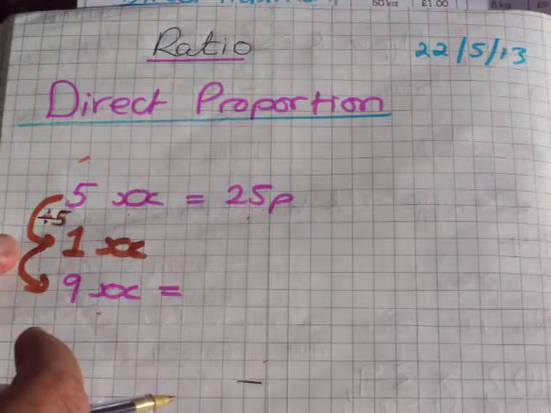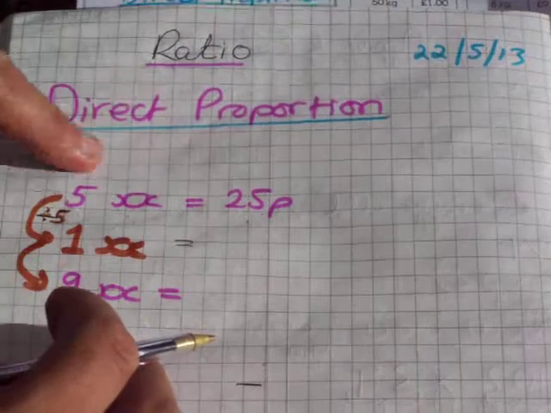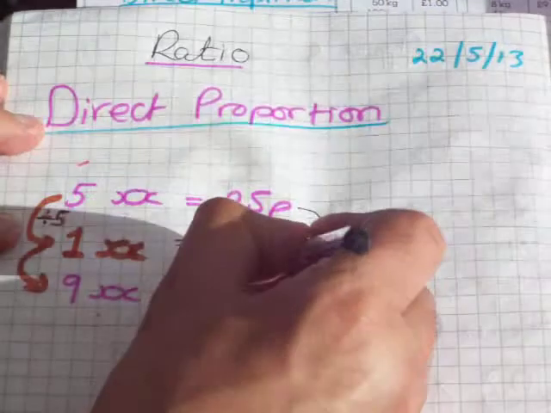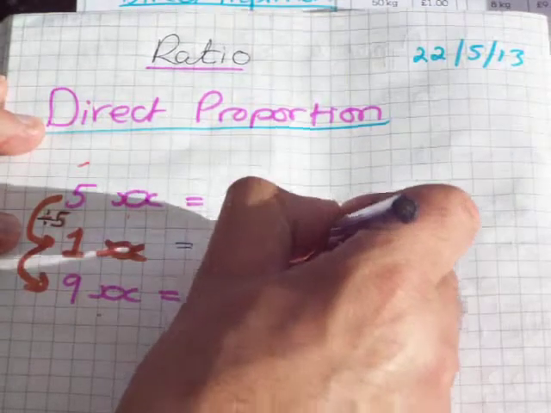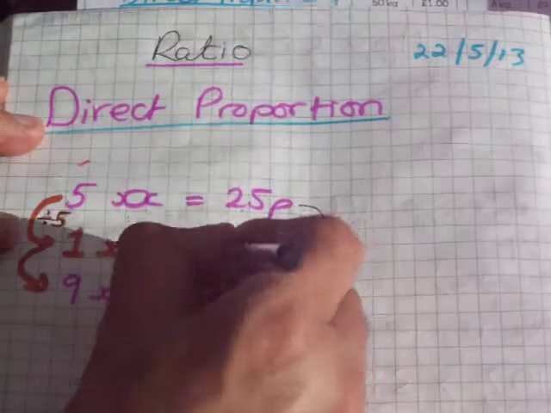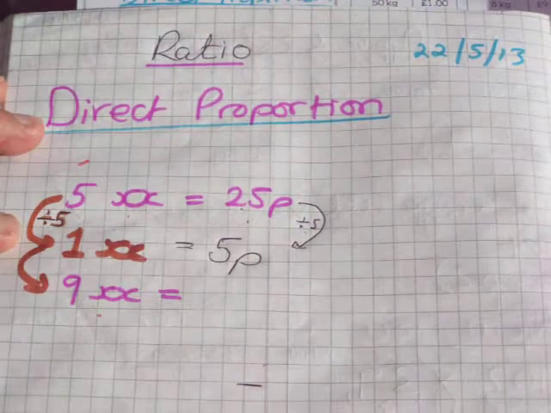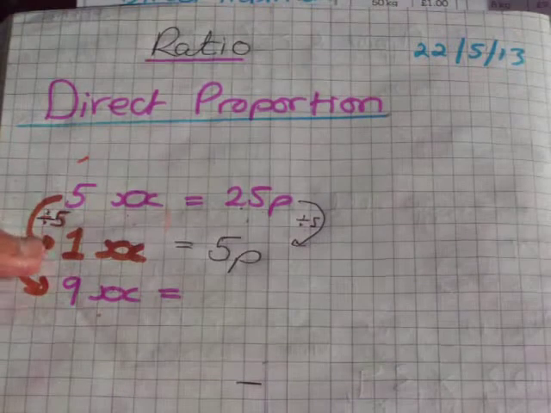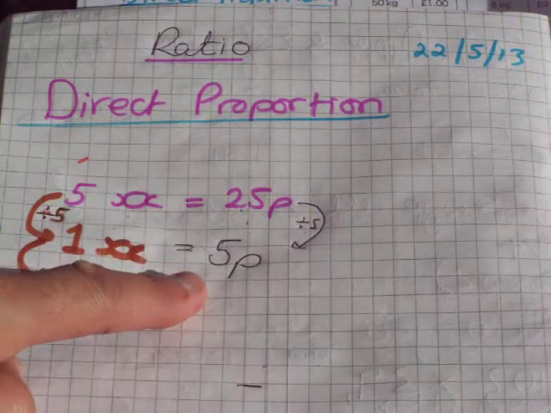So 5 divided by 5 is 1. If you divide the left hand side by 5, you must divide the right hand side by 5. So 25p divided by 5 will give us 5p. So now we know that 1 sweet costs us 5p.